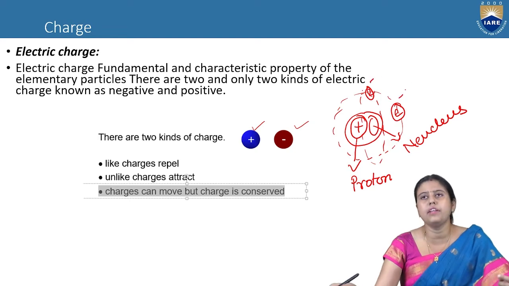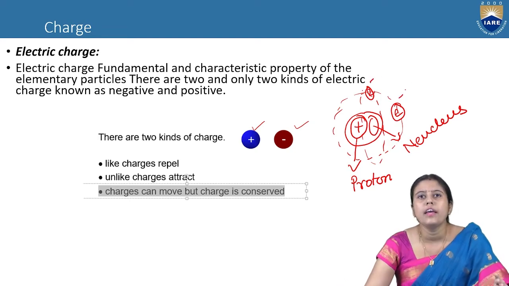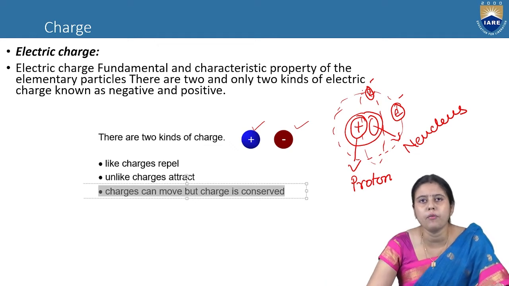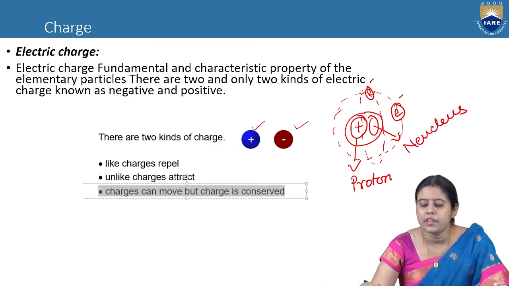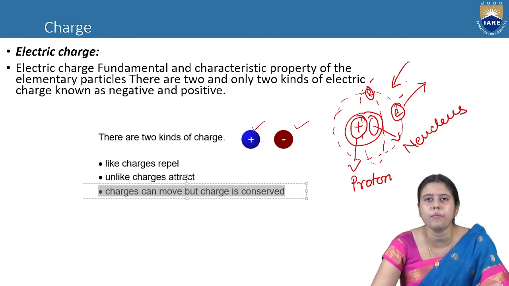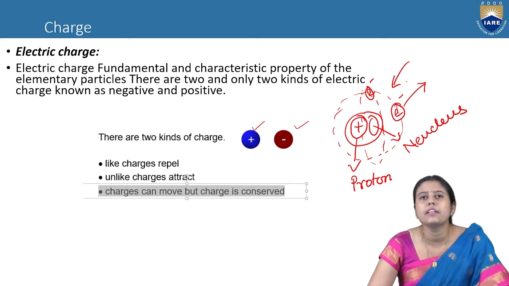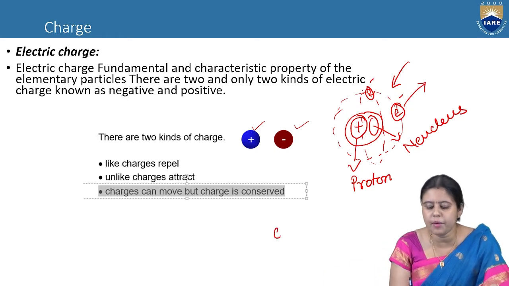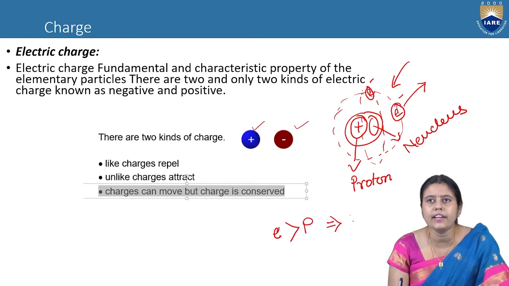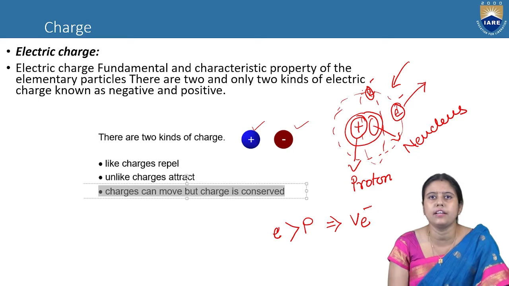Electrons are negatively charged. Now when we give some potential or any power to these atoms, electrons may go out or come in from the outer side. If the number of electrons is more than the number of protons, we call it a negatively charged particle.